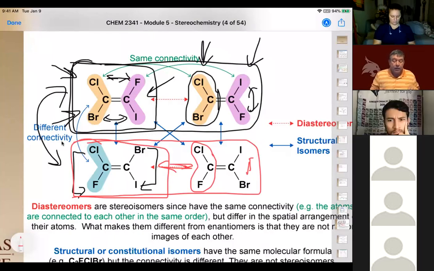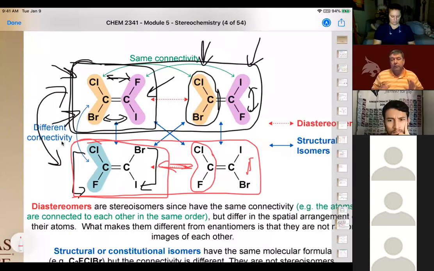However, the interrelationship between the top pair of diastereomers and the bottom pair of diastereomers is not enantiomers. Because they have a different connectivity, they are structural isomers, or constitutional isomers. Because the halogens have moved from one carbon to another, they are structural isomers.